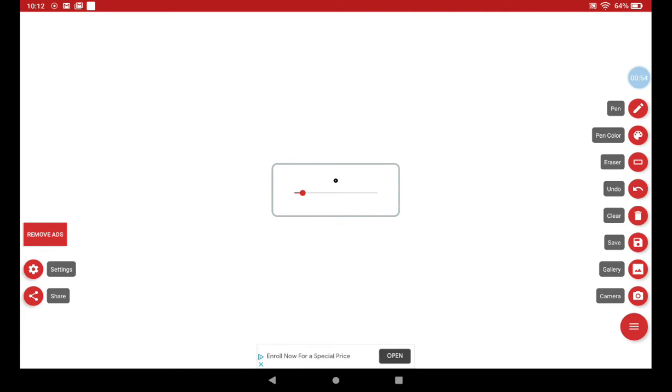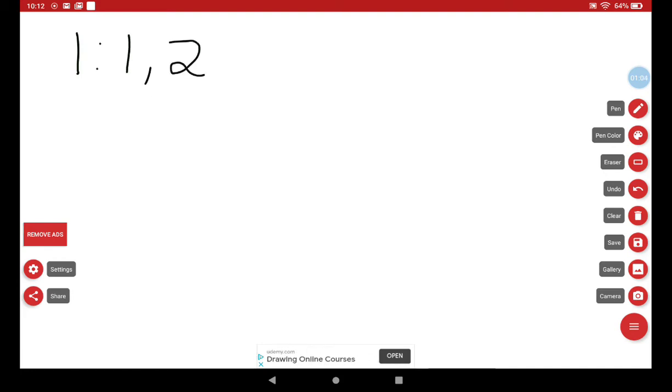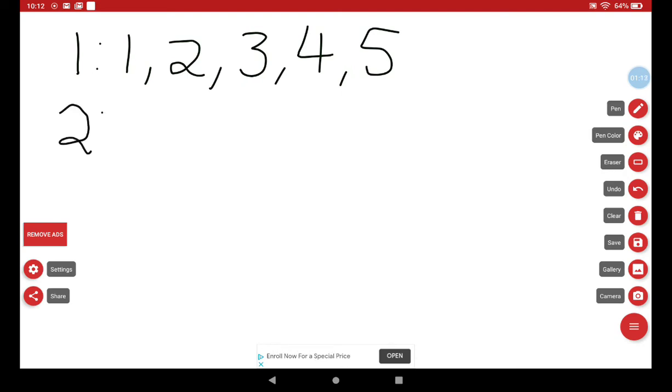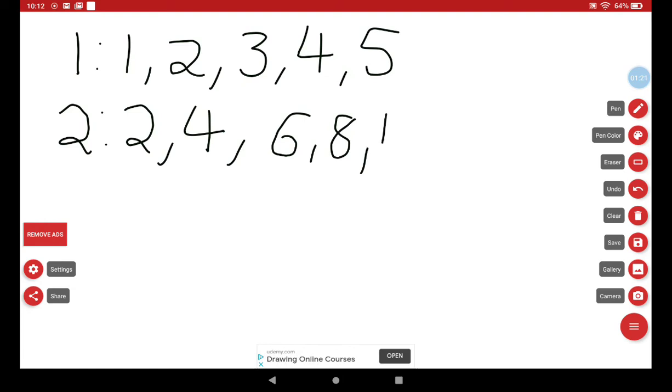So let's start with some basics. The multiples of 1 are going to be 1, 2, 3, 4, 5. That's easy. Multiples of 2 are 2, 4, 6, 8, 10. Not too hard.